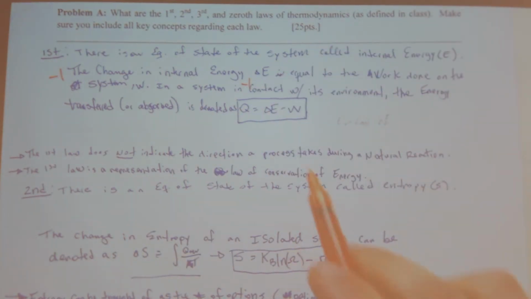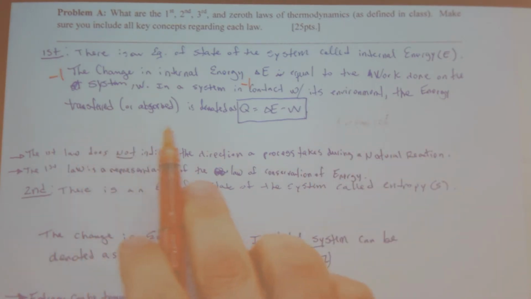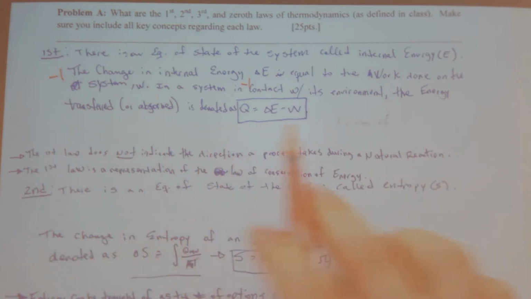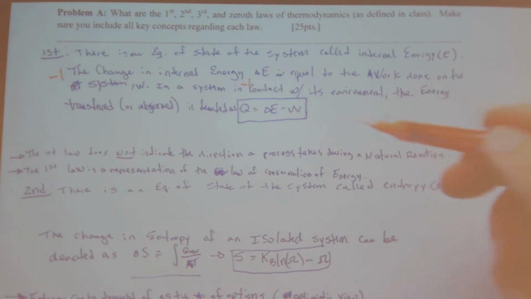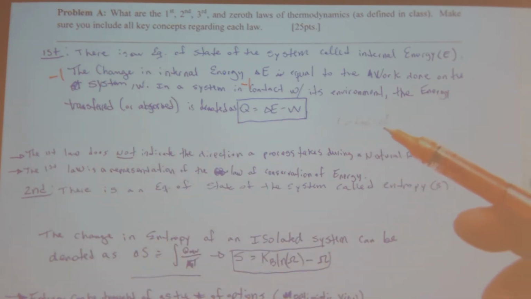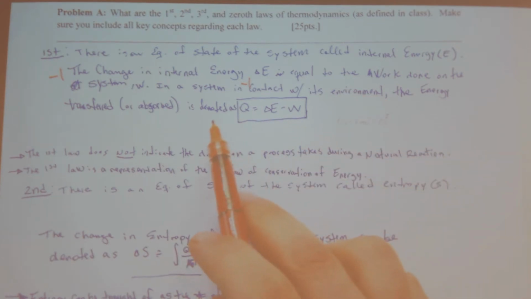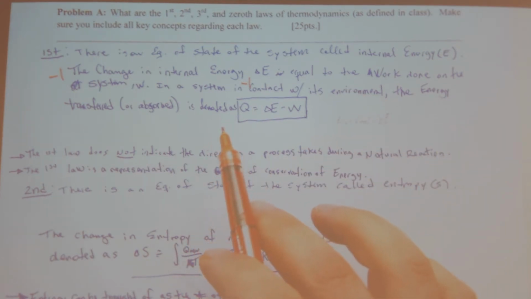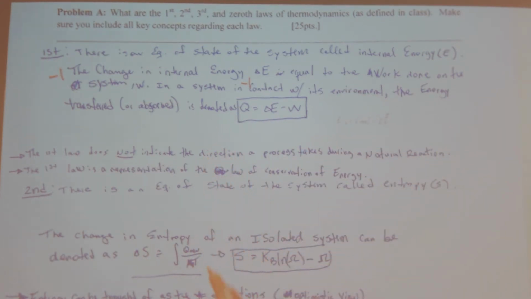It's thermal contact. The energy transferred or absorbed is denoted as, okay, but then there's a bunch of other stuff here. I'm not going to get too picky on the word choice, but "denoted" is not really a physics or thermodynamics thing.